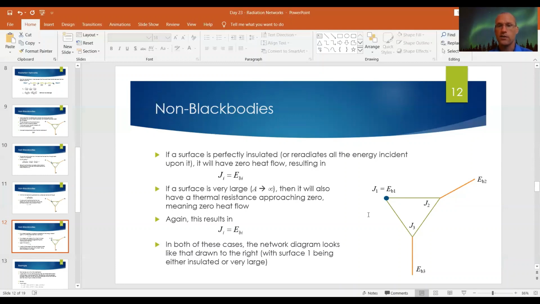So very similar case, whether it's insulated or very, very large, this diagram looks like this. Again, this is assuming that object 1 is the one that has the special condition. Again, it makes my life a lot easier.